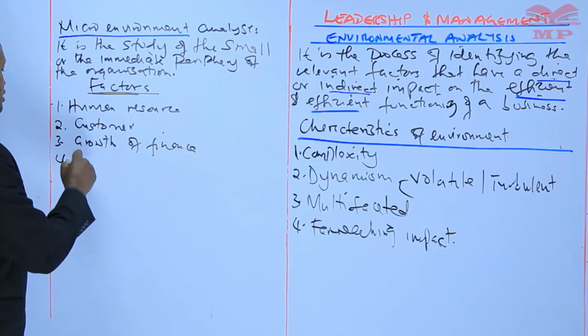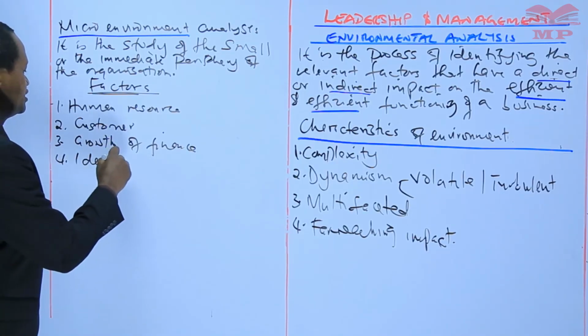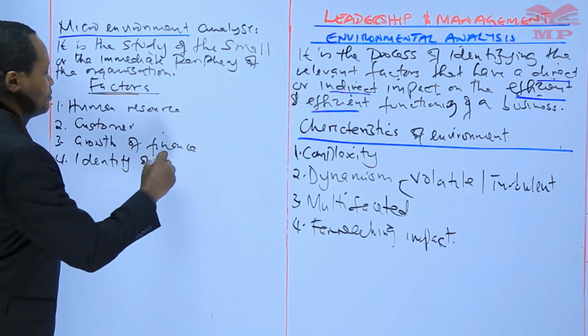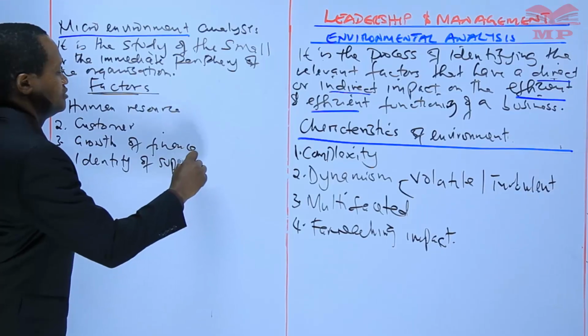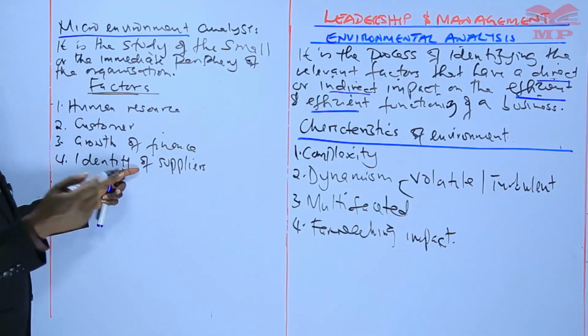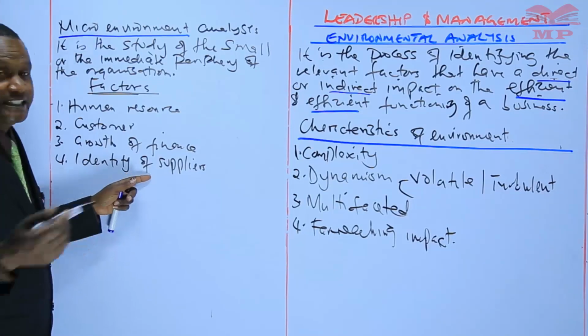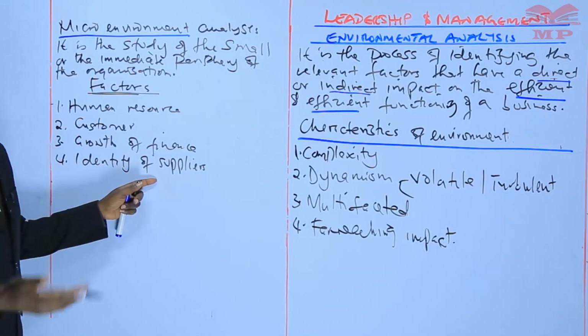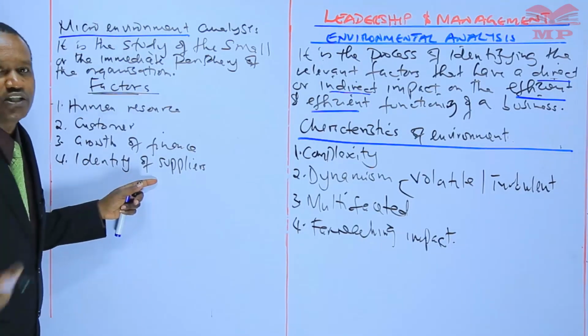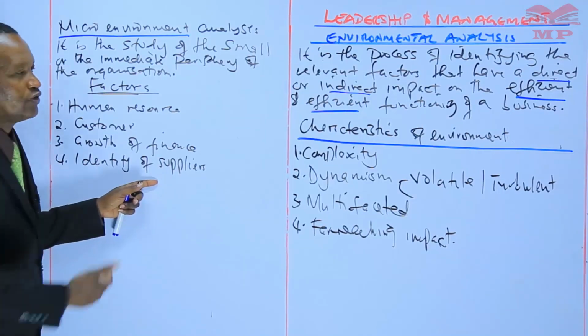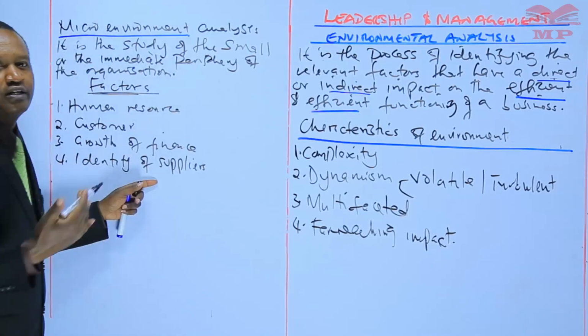Four, identity of suppliers. Microenvironmental analysis analyzes the identity of the suppliers of raw materials and the development of the supply chain network.